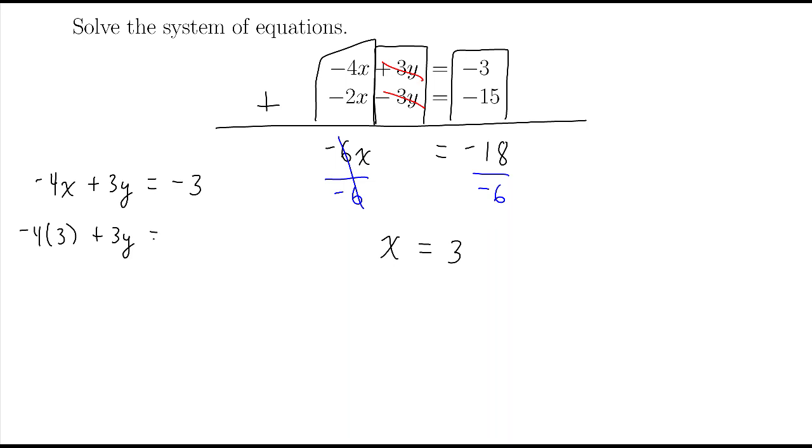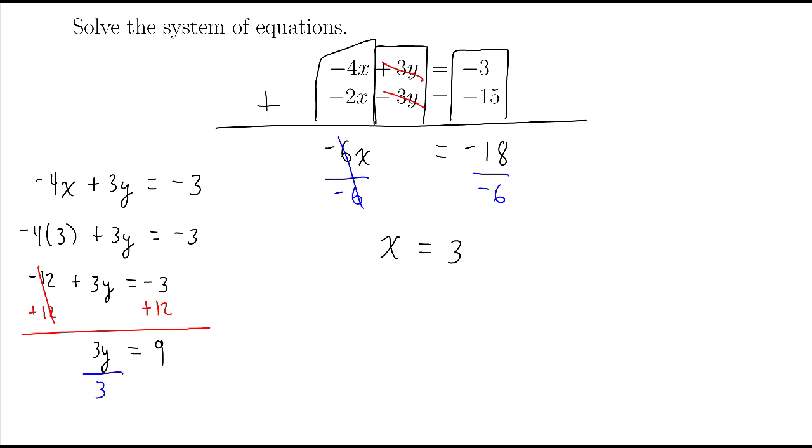And so now I have another simple equation where I only have one unknown, that's y. So negative 4 times 3 is negative 12, plus 3y equals negative 3. I'm going to add 12 to both sides to get rid of that constant term. 3y is equal to negative 3 plus 12, which is 9.